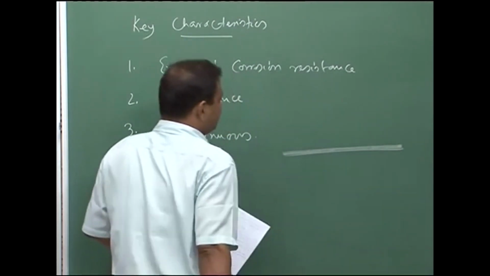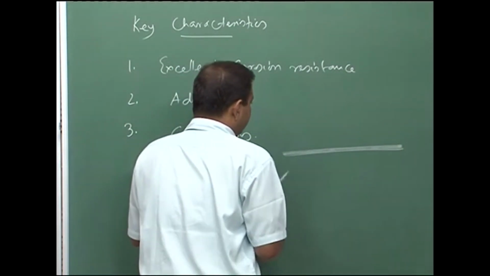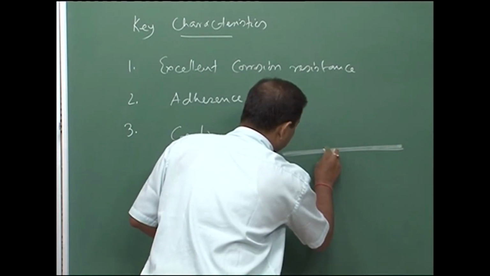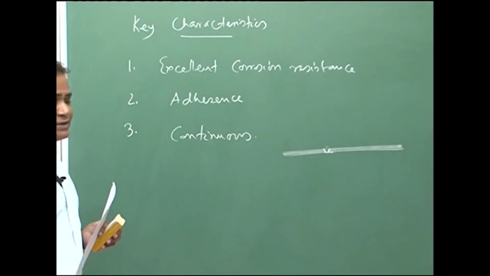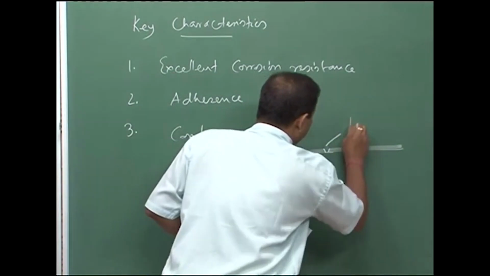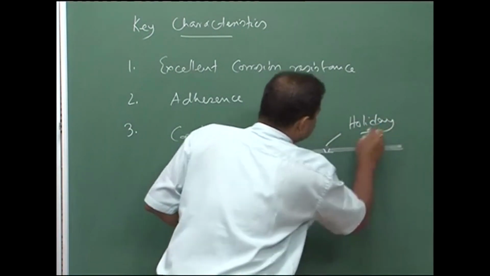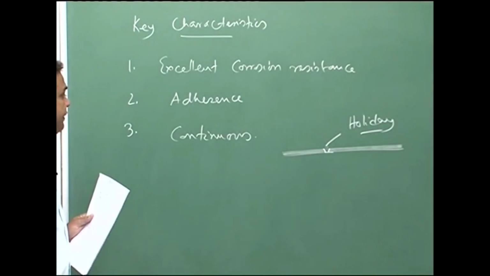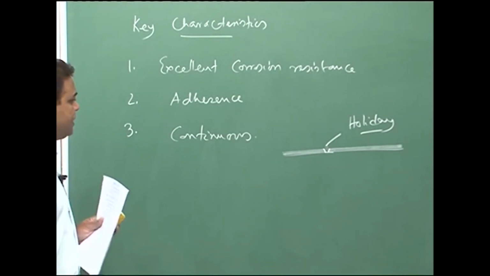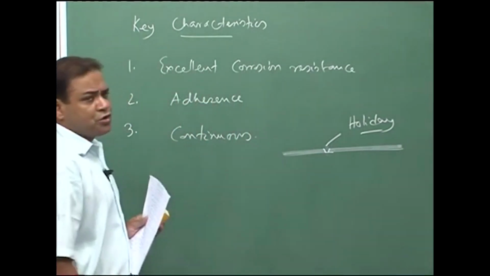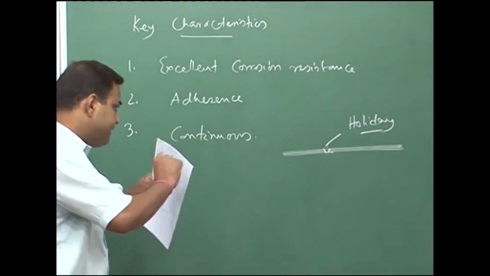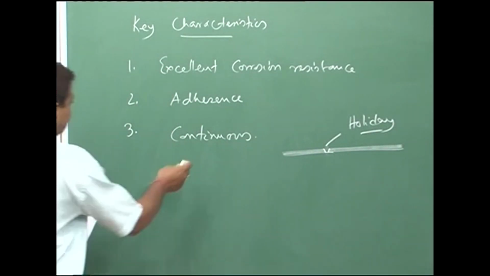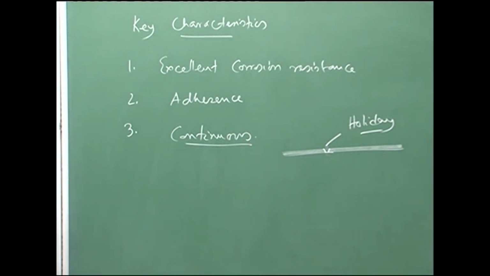Now, by chance if on the paint zone there is one small discontinuity, that discontinuity is called a holiday, also called a holiday defect in a painted surface, and at this part the corrosion would be huge, and then the metal object can fail if it is under tension. So, the coating should be continuous and completely cover the surface.